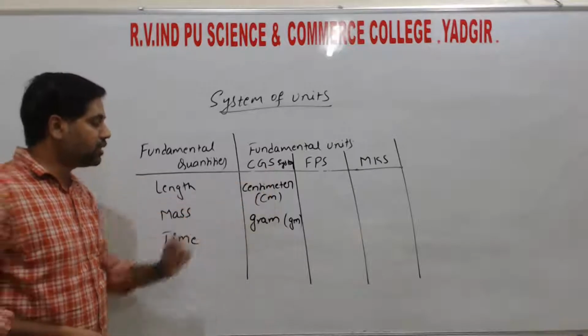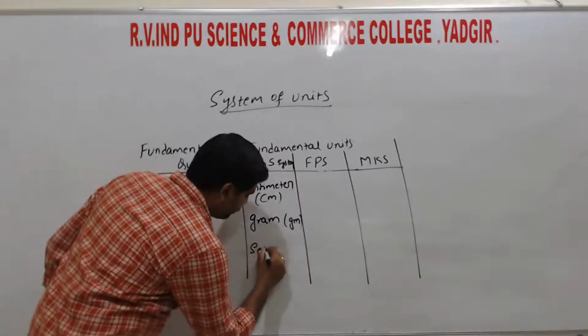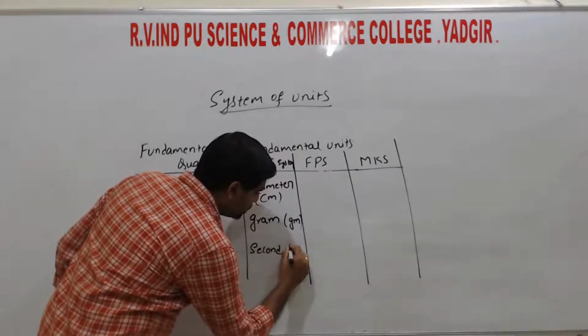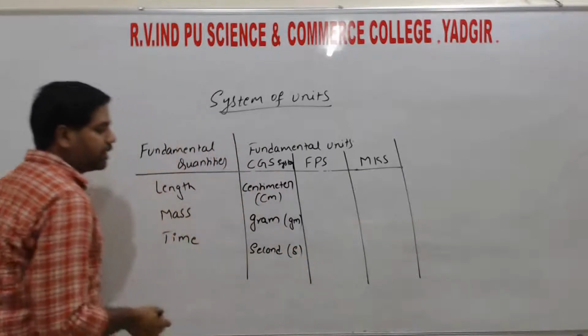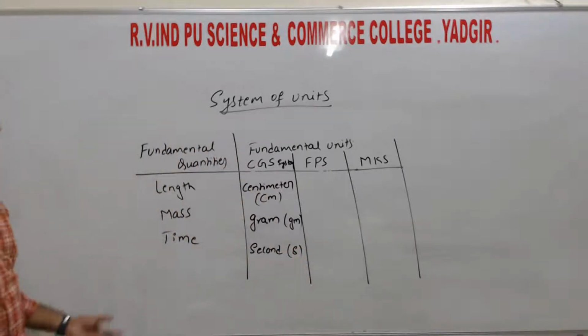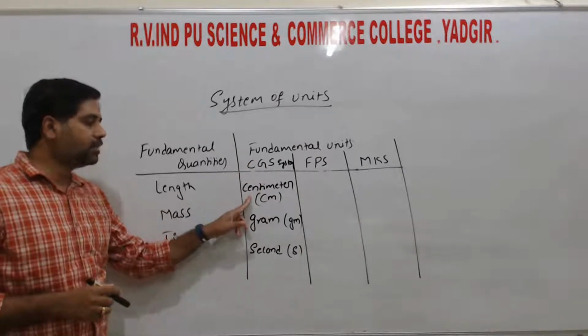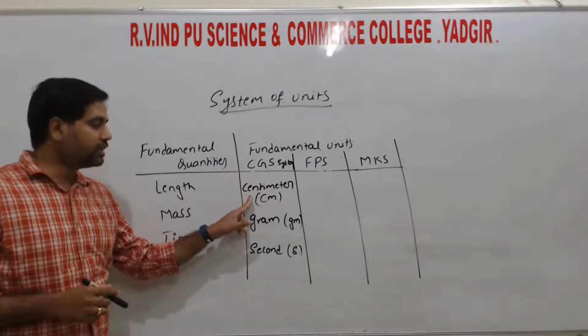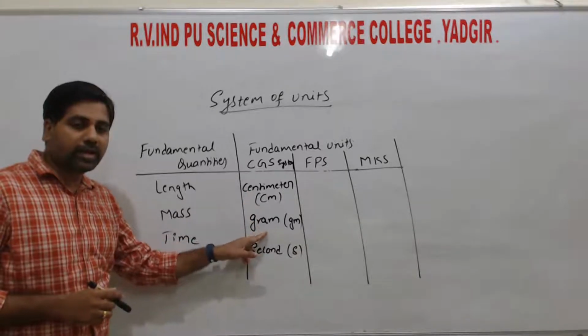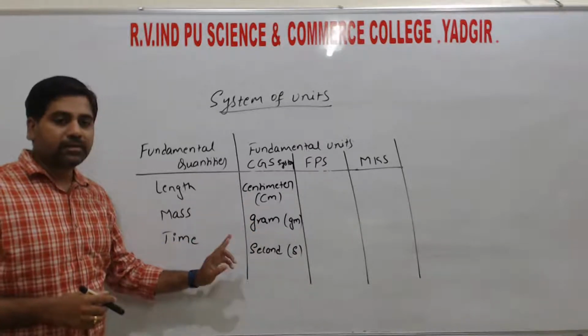Similarly, for time, S represents second, and the symbol is S, right? So in the CGS system, length is measured using centimeter, mass using gram and time using second.